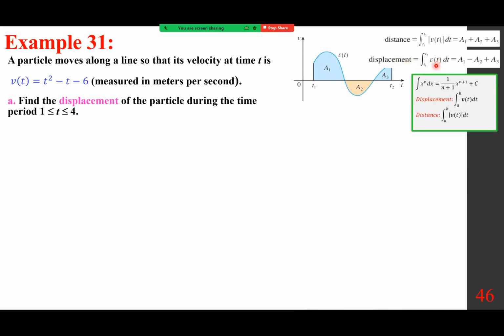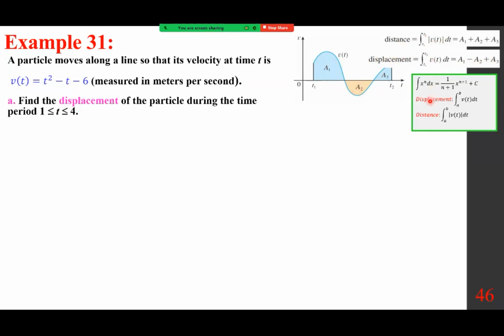Displacement is the integral of v of t dt. And in this case, this is positive, this is positive, this is negative because it's below the x-axis, becomes a1 minus a2 plus a3. So these two add up, but this will be subtracted. However, the distance is the same thing, but we put the v of t in an absolute value. In essence, this one and this one gets added to the a sub 2.